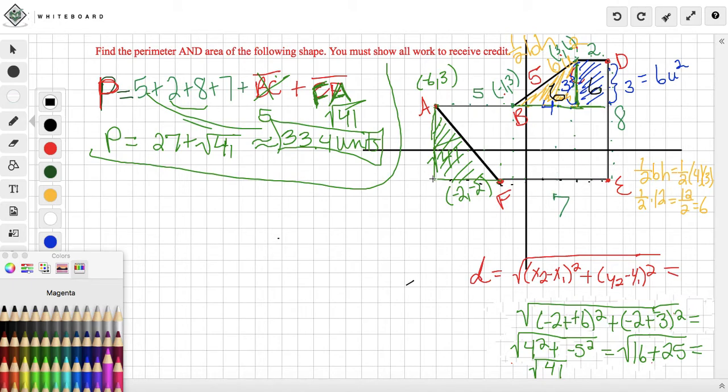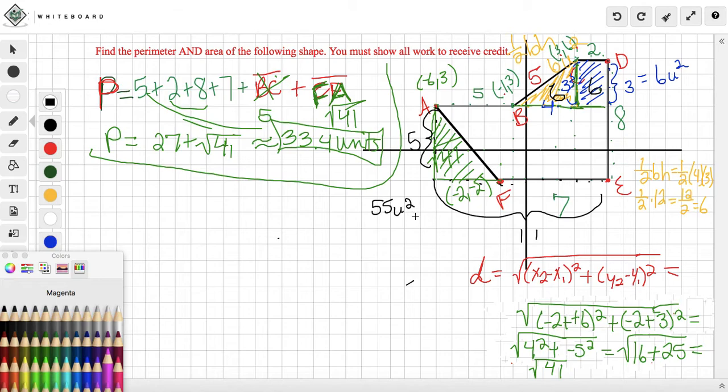So this whole side here is 11. And then we're going to multiply that by whatever this short side is, which is 1, 2, 3, 4, 5. Okay, so 5 times 11 is 55. So this whole thing is 55 units squared.